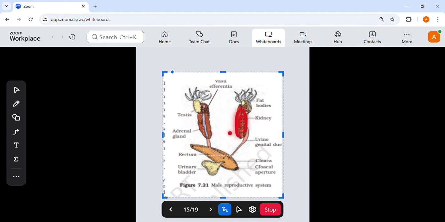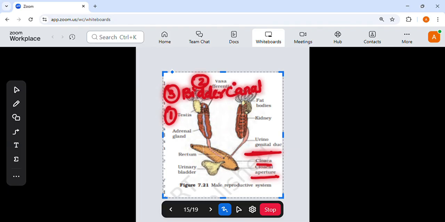From Bidder's canal, it moves to the urinogenital duct, then to the cloaca, and then to the cloacal aperture. So this is the pathway: testis, vasa efferentia, third one is Bidder's canal, fourth, urinogenital duct, fifth, cloaca, sixth, cloacal aperture.